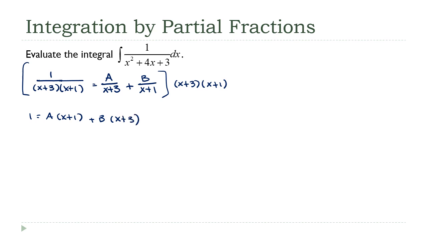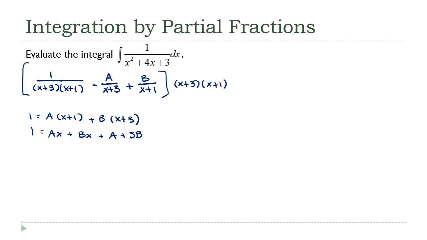B times (x plus 3). And if we multiply out the right-hand side, I'm going to rearrange the terms as I do this: Ax plus Bx plus A plus 3B, and this has to equal 1.